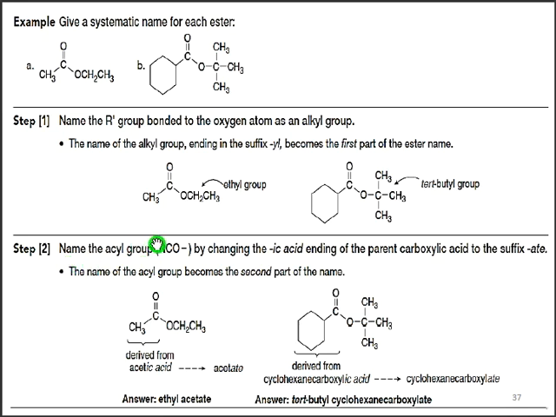Second step, name the acyl group by changing the -ic acid ending of the parent carboxylic acid to the suffix -ate. Now, to name the acyl group, it will be the second part of the name. For this reason, look at this.